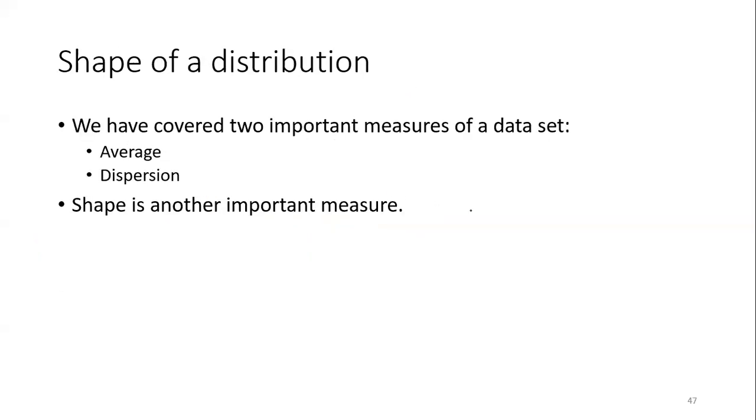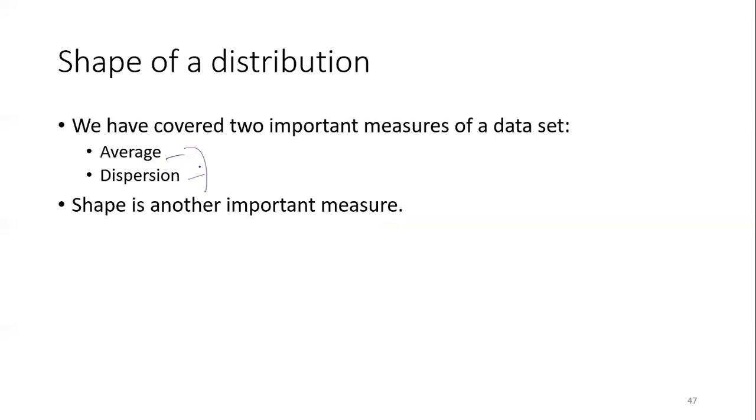Well, we have covered two important measures of a data set, the average and the dispersion. Remember, we asked whether we can find some numbers which summarize the properties of the data. So the average and the dispersion are two very important measures which summarize the data.